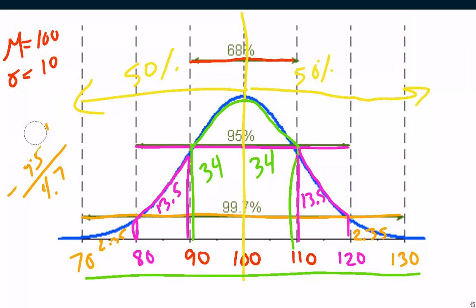And last, my 3 standard deviations doesn't cover everything. It covers everything but 0.3%, which would mean I would have 0.15 to the left, 0.15 to the right. And I know if I did it right, when both sides are symmetric, so I have 34, 34, 13.5, 13.5, 2.35, 2.35, 0.15, 0.15, and if I add them all up and I get to 100%, I am good to go.